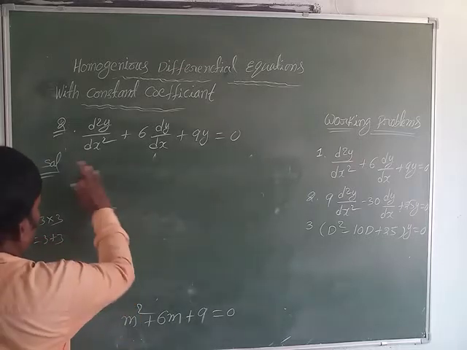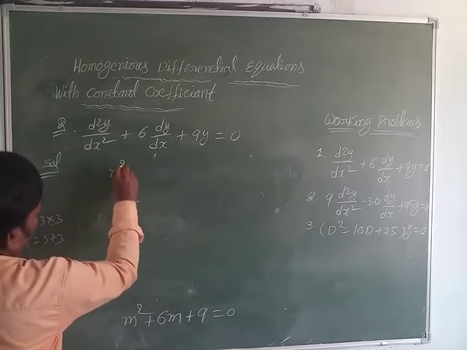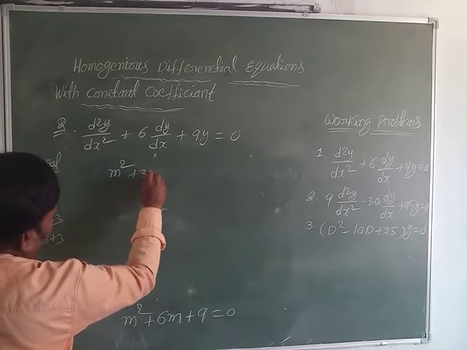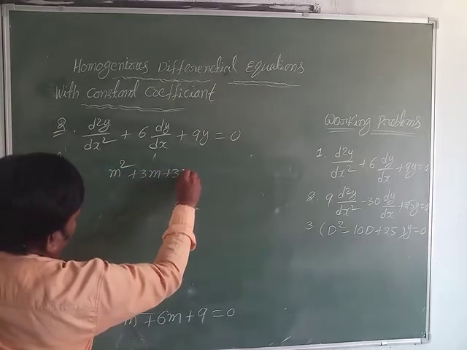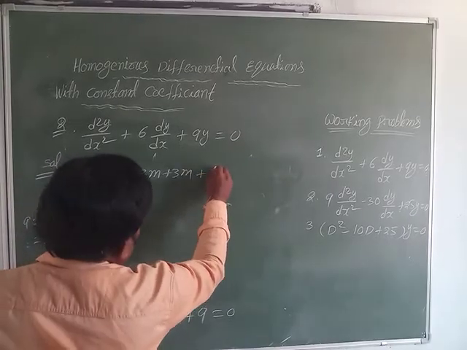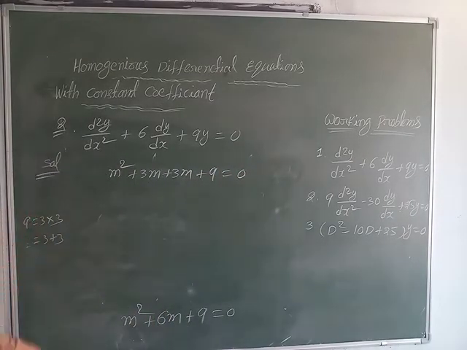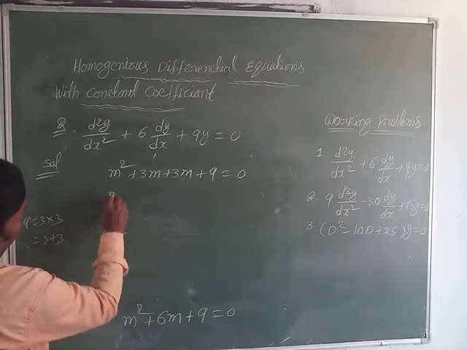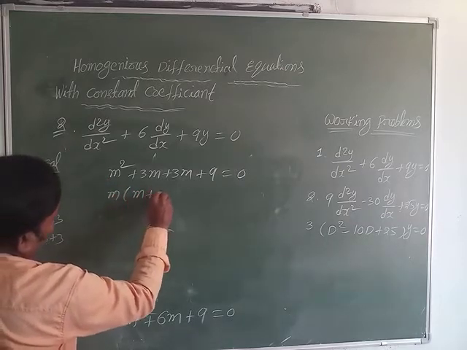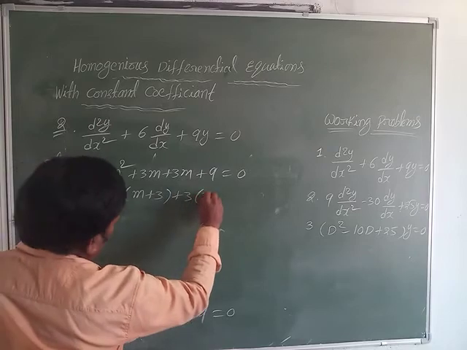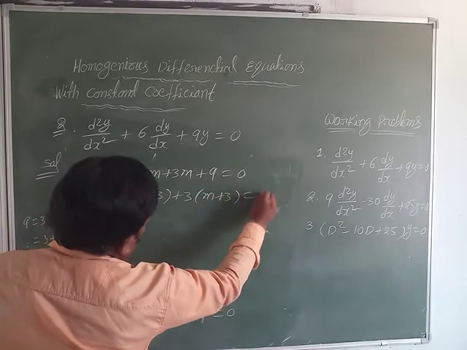Now we write m square plus 3m plus 3m plus 9 equal to 0. Here common is m, plus 3 again, common. So (m plus 3)(m plus 3) equal to 0.